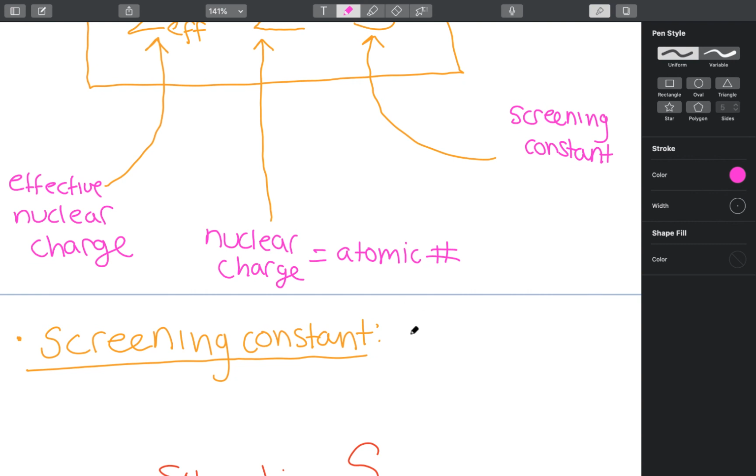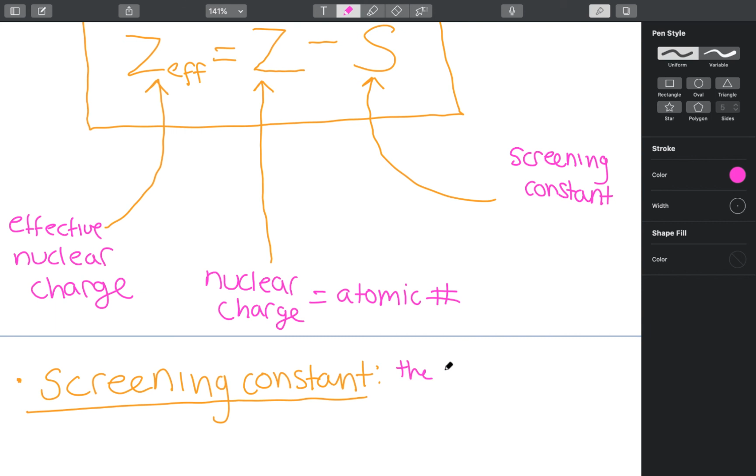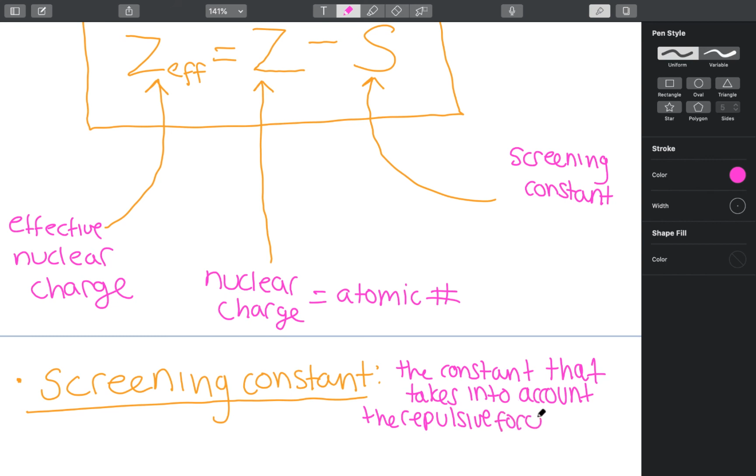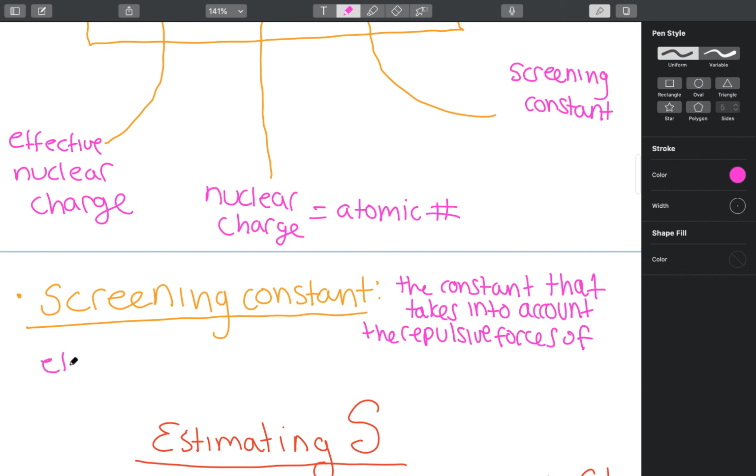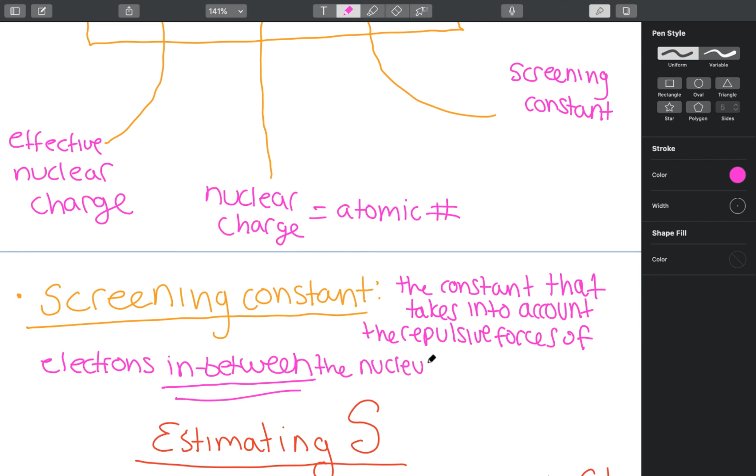So what is the screening constant? Well, the screening constant is the constant that takes into account the repulsive forces of electrons in between the nucleus and the electron of interest.